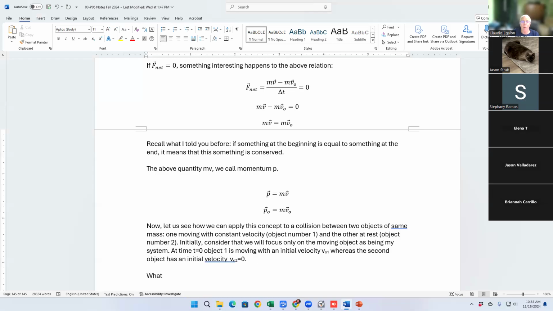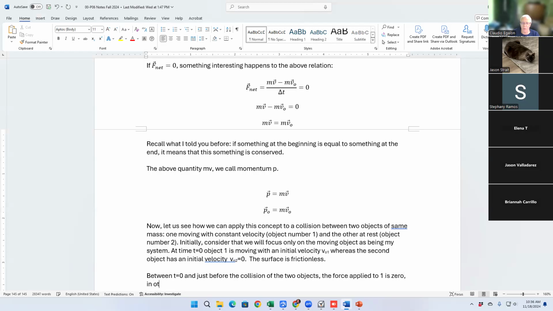Assume the surface is frictionless, right? Between t equal to 0 and just before the collision of the two objects, the force applied to one is 0, right?